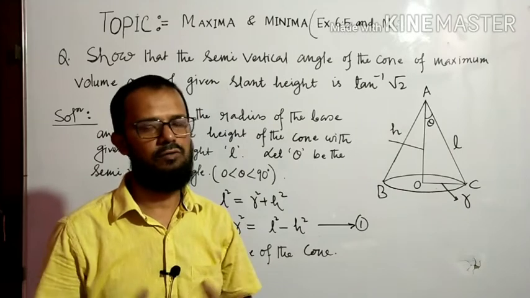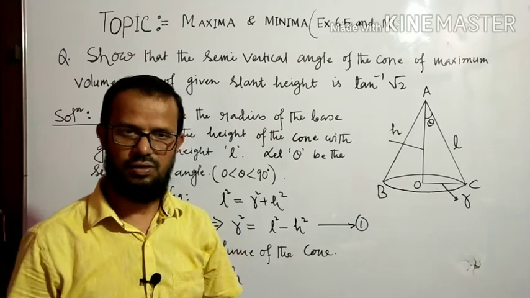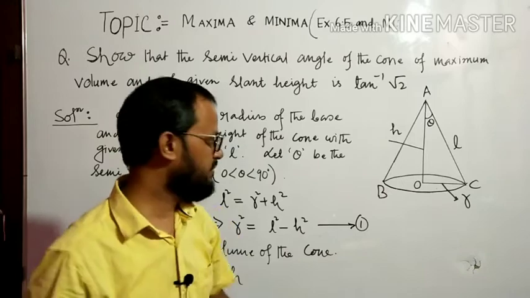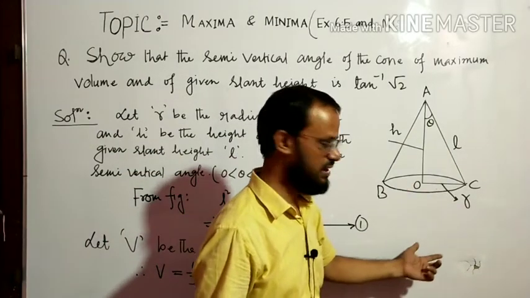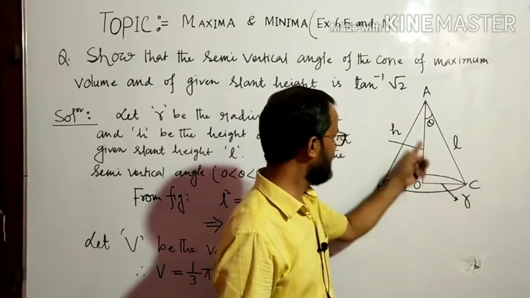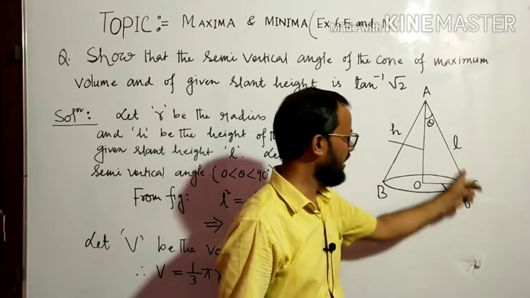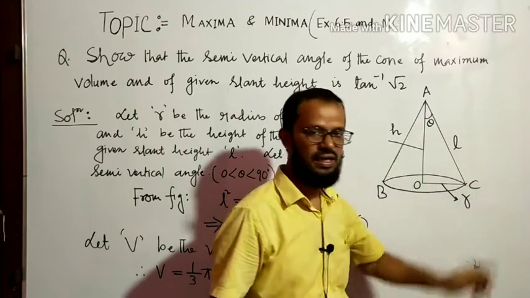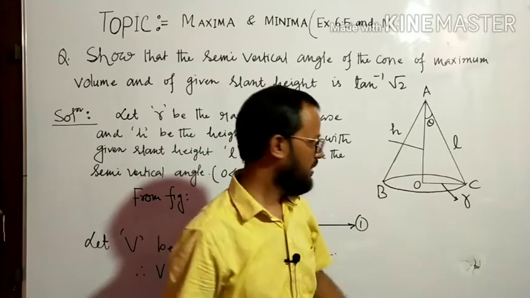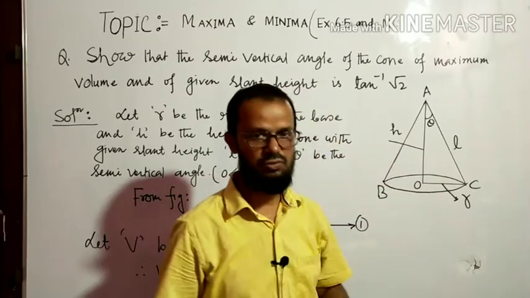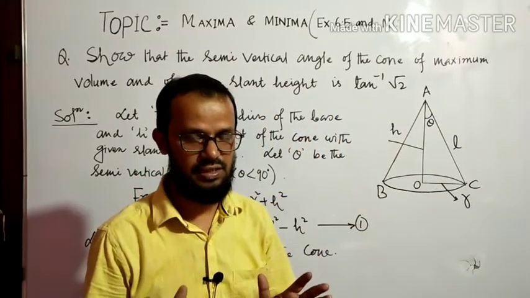Suppose you draw the figure: this is the radius of the base, this is the height of the cone, and this is the slant height. That slant height will remain fixed, and the remaining r and h we will keep changing.